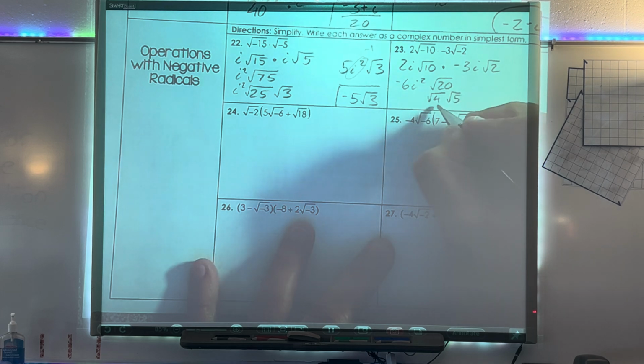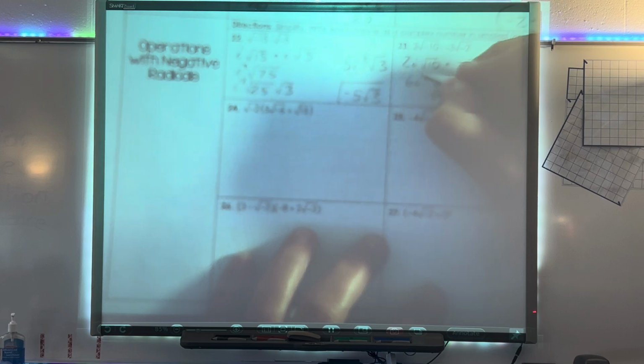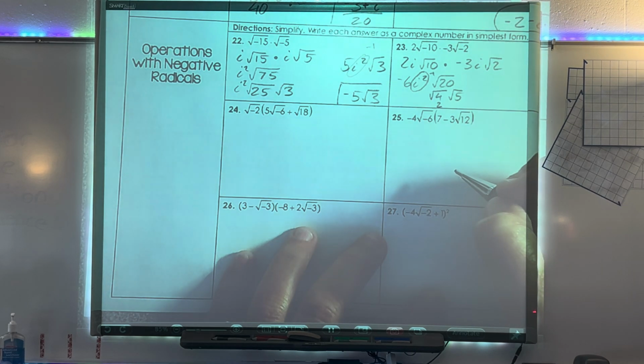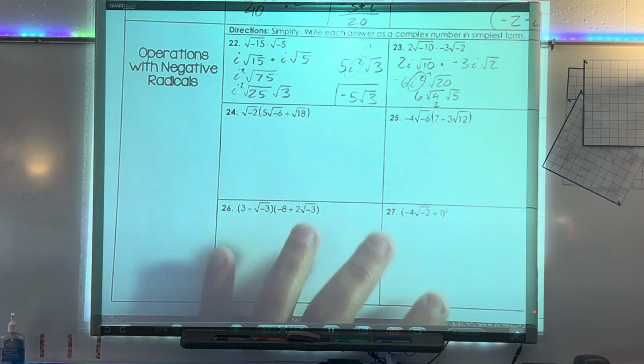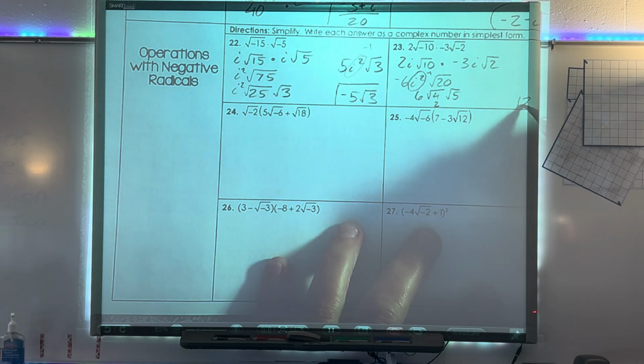Square root of 4 is 2. Is 6I squared, we could probably go ahead and deal with that right there. That's a negative 1 times the negative 6. So it becomes a positive 6 right there. Feel okay with that? Alright, then I've got 6 times 2 is 12, so 12 square root of 5.